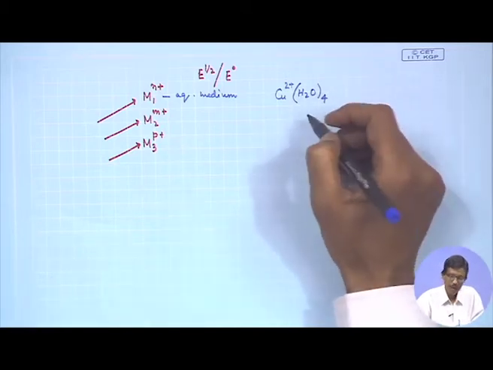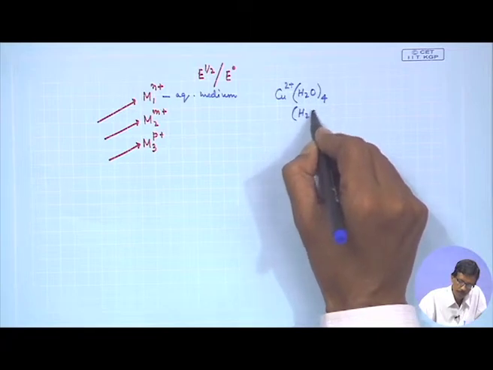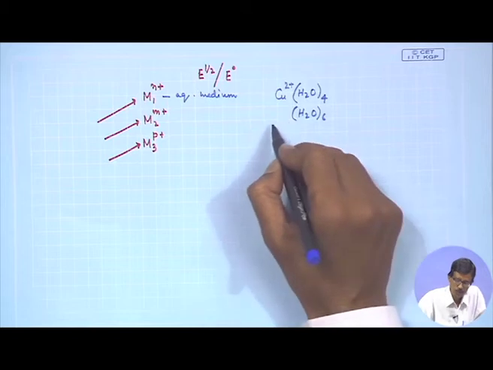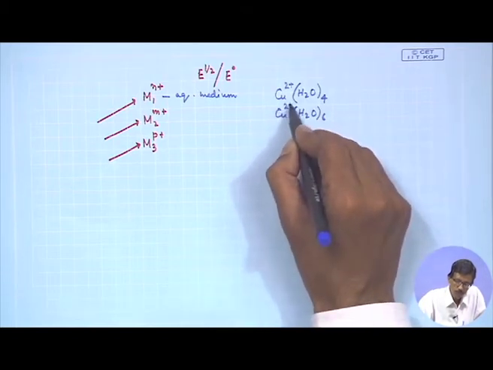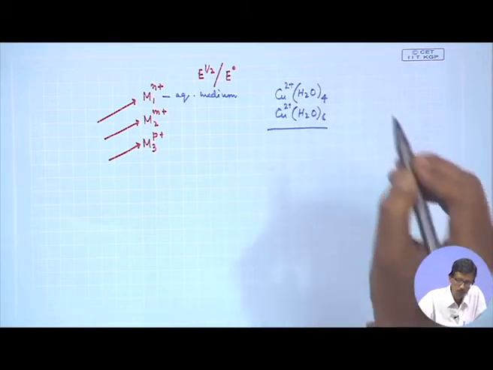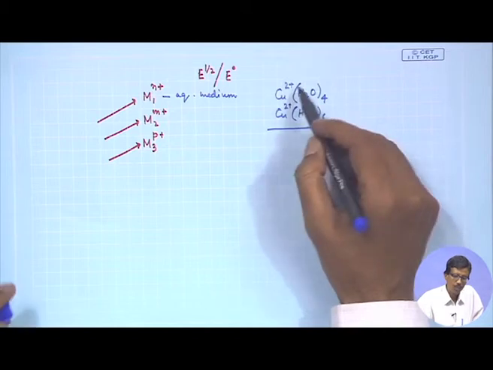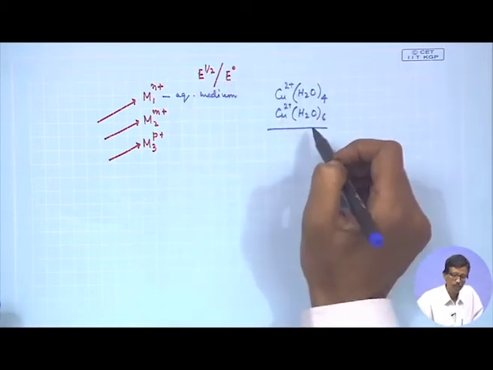This aqueous species can be tetraaqua, or sometimes hexaaqua also. Copper 2 plus bound to these water molecules can be deposited, and these aqueous species can have some E half or E 0 values for this electrodeposition.